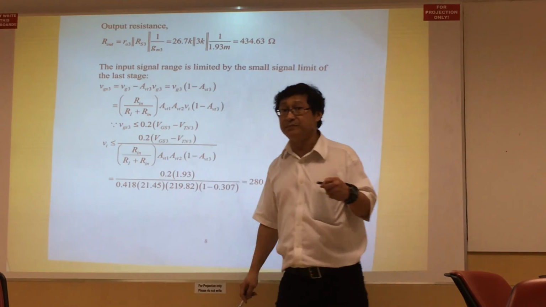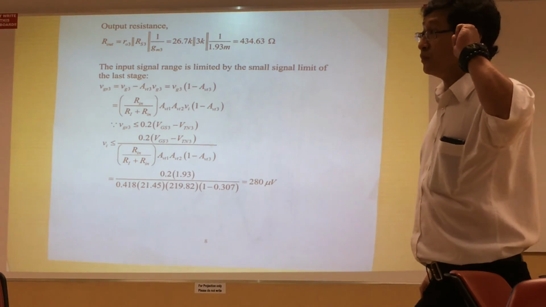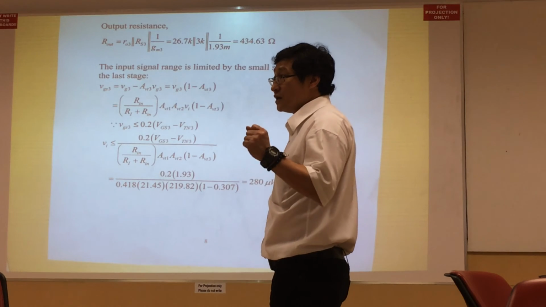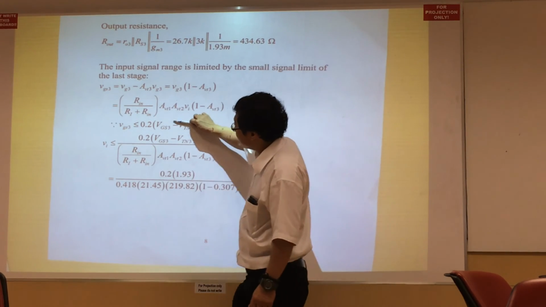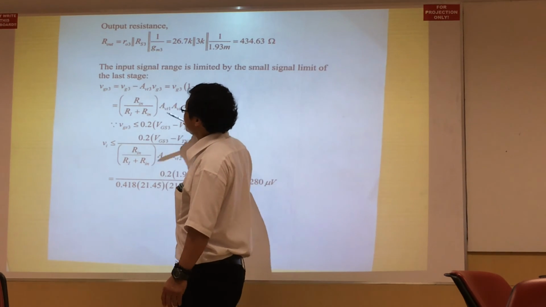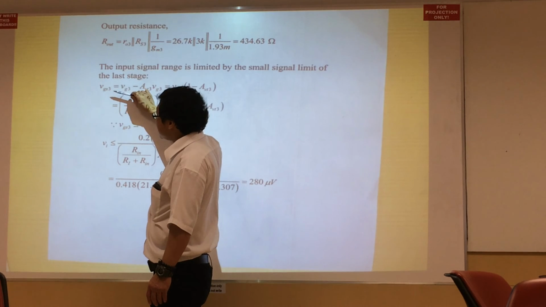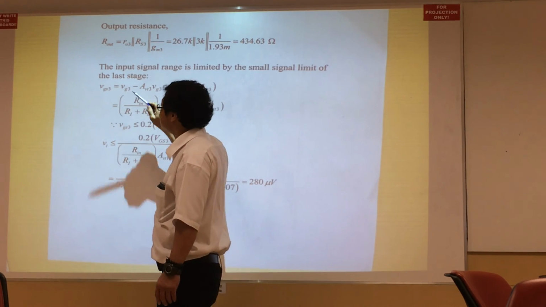Just like in the case of VBE, because of the exponential function, we remove the second order, third order terms and equate e to the x equal to 1 plus x. The same way as doing that, we end up with this equation. In this equation here, we are asked to find out what is the voltage at the gate to source such that it is linear.